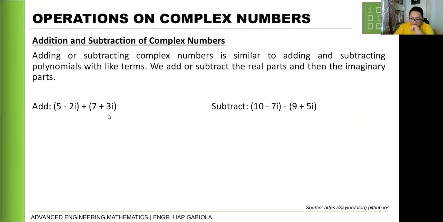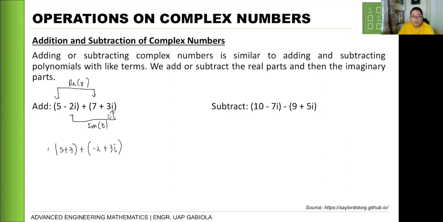So what we can do is to add yung kanyang real part. So alam naman natin yung real part na yan, no? So ito yung kanyang real part. Okay? Then ito yung ating imaginary part. Okay? So pag nag-add tayo, we can do 5 plus 7, okay? Plus, and then negative 2 plus 3i.